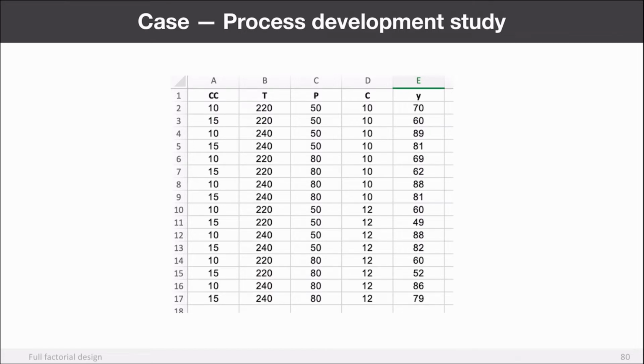You can see that I use abbreviations for the column names, and I'm going to use them in all my models, right? Also, in this spreadsheet at least, I have the real values for every level. That's much easier when you indeed need to run the experiment, so you know at which temperature, for example, you work and which pressure you have to set and so on.